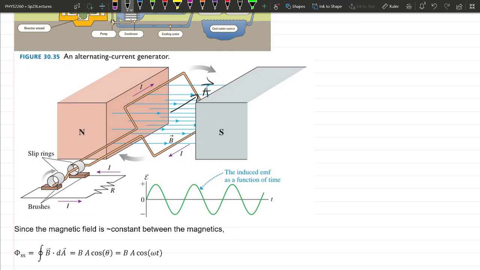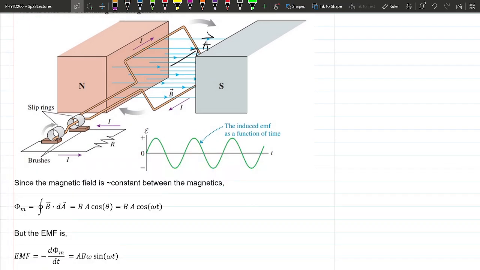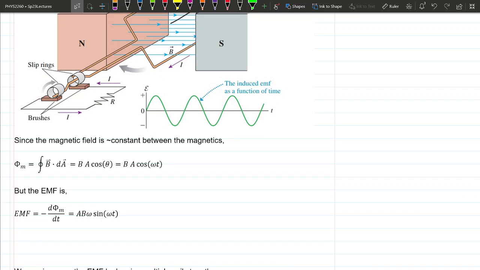What will happen is that the magnetic flux through this loop is going to follow some cosine function. This cosine function is what we had in the first semester called a harmonic oscillator. Things going around a circle behave as if it's a cosine function.